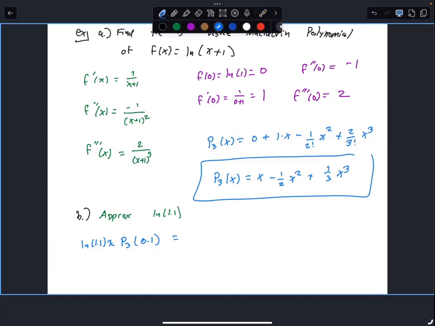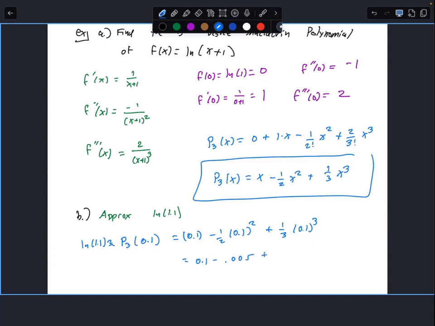So this is going to give me 0.1 minus 1/2 0.1 squared plus 1/3 0.1 cubed. And that's just squaring the 0.1s. That's not too much math to worry about. So what is that? That's going to be 0.1 minus 0.01 and half of that, so 0.005, right?